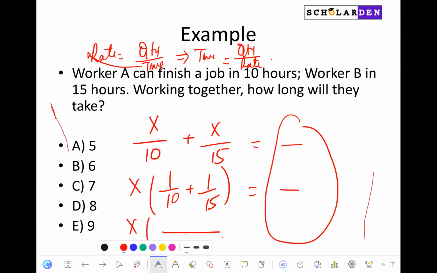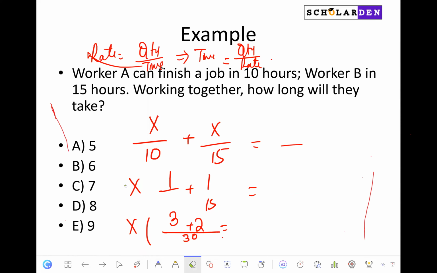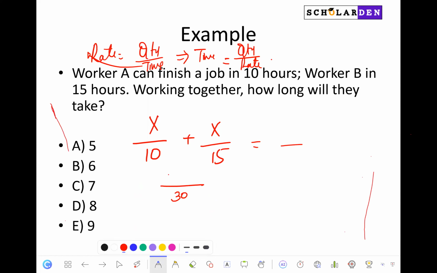Over here, let's take the LCM, which is going to be 30. So now I have 3 over here plus 2 over here. I've taken the X as common, and so what I get is 5 over 30. This is my total rate.